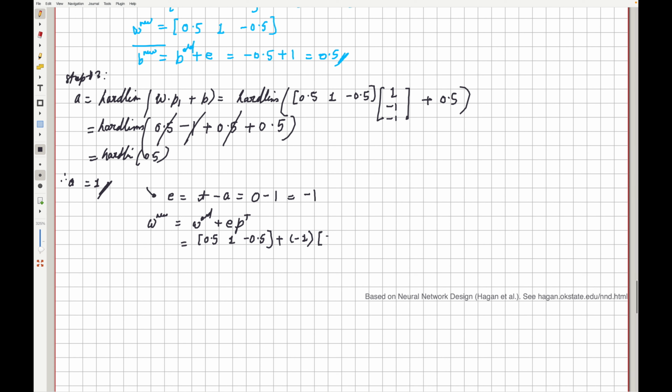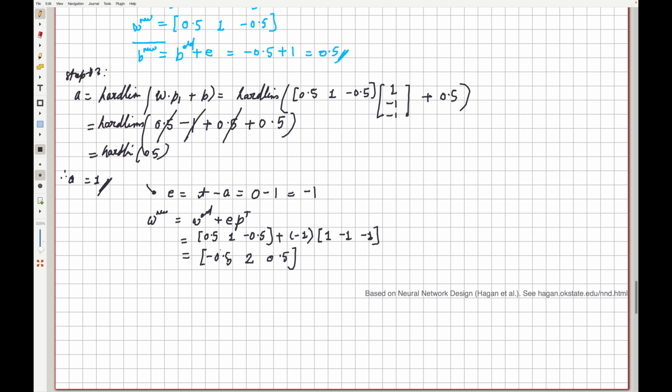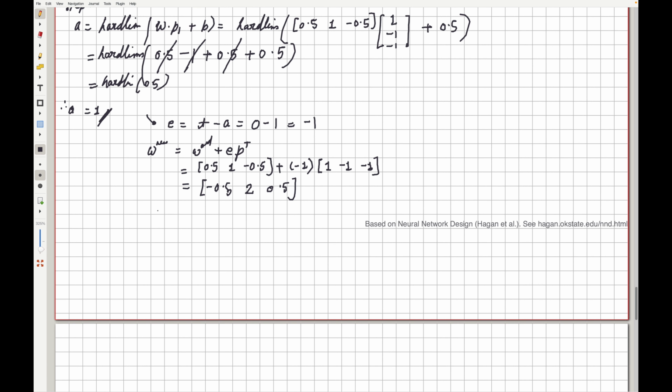That value is 1, minus 1, minus 1, and so we put these calculations together. It says 0.5 minus 1 gets us minus 0.5, then we have 1, and then minus minus plus 1. 1 plus 1 gets us 2, minus 0.5 plus 1 gets us 0.5. So the new weight matrix that we have is minus 0.5, 2, 0.5.